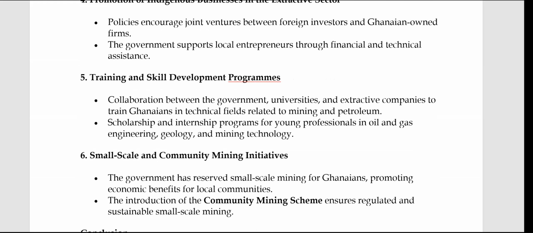Training and skill development programs: collaborations between the government, universities, and extractive companies to train Ghanaians in technical fields related to mining and petroleum, scholarships and internship programs for young professionals in oil and gas, engineering, geology, and mining technology. Small-scale and community mining initiatives: the government has reserved small-scale mining for Ghanaians, promoting economic benefits for local communities. The introduction of the community mining scheme ensures regulated and sustainable small-scale mining.